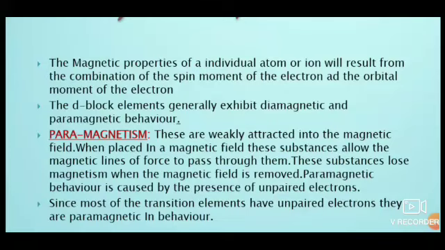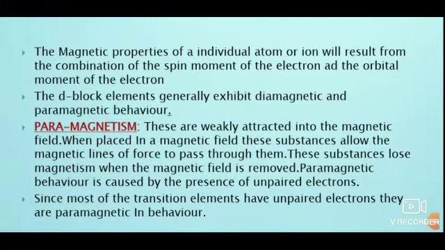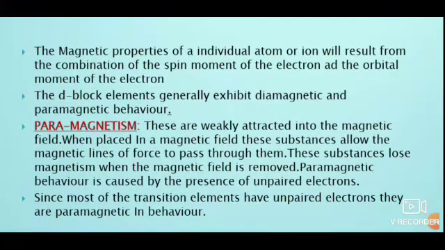So what are diamagnetic and paramagnetic behavior? Coming to paramagnetism, these are the substances which are weakly attracted into the magnetic field when placed in an external magnetic field, and they allow the magnetic lines of force to pass through them. These substances lose magnetism when the magnetic field is removed.